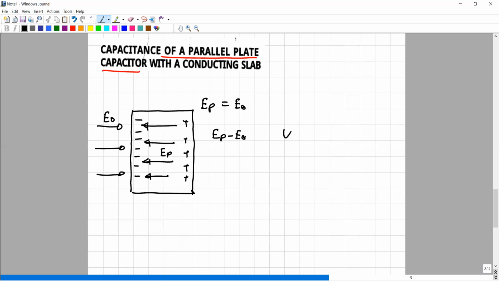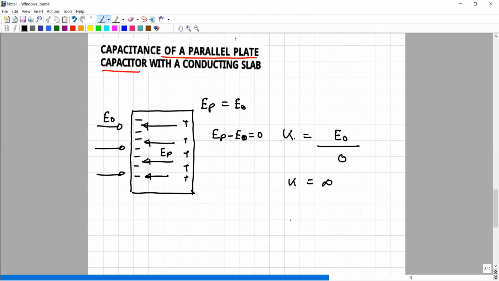Now, you know that the dielectric constant K is equal to E naught divided by E naught minus EP. For the conductor, E naught minus EP becomes 0, so the denominator becomes 0. As this whole thing becomes 0, the dielectric constant K will become infinity.